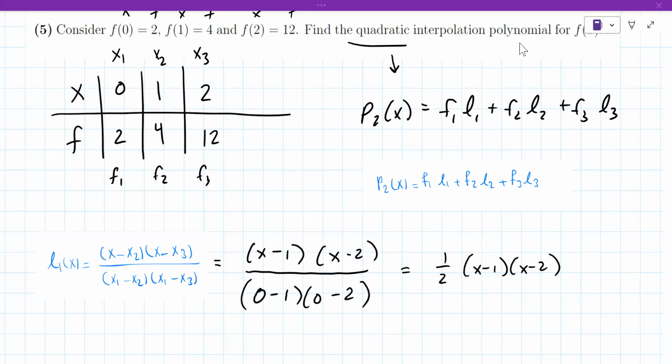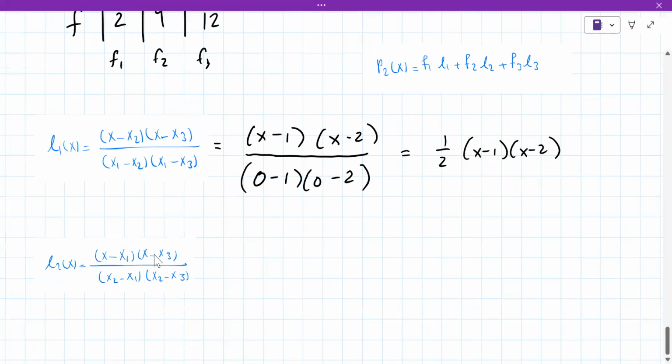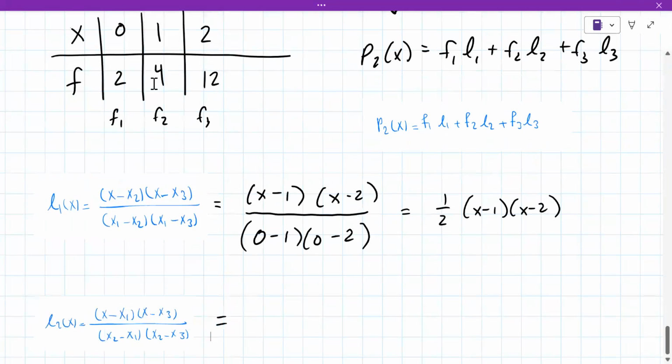So let me grab the formula for L2. That was one of the things that was unclear about the homework, how far you need to simplify some of these things, because they're kind of awful. So you're going back to the table: X minus X1.